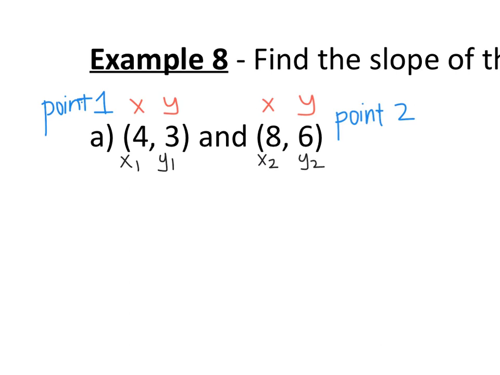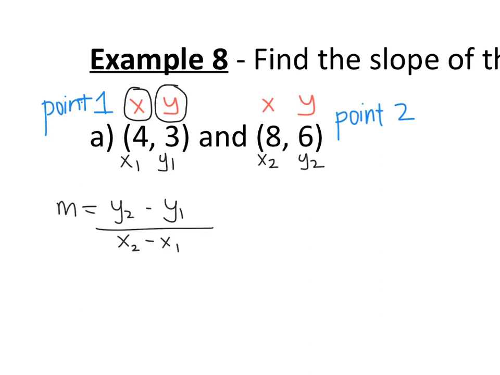They are the x and y values that come from point 2. You could totally change the order. You could call 4, 3 point 2 if you really wanted to, and you could call 8, 6 point 1 if you really wanted to. It doesn't matter, as long as you follow the order of x being your first value and y being your second value.